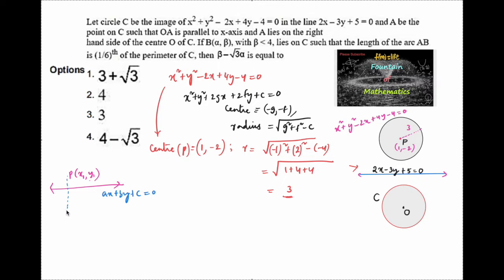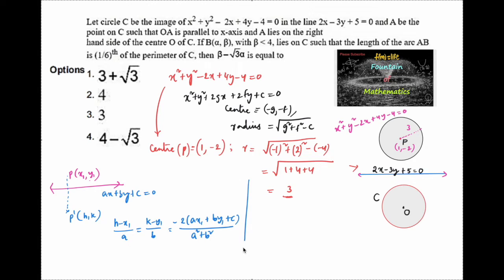Let us consider the image here, P dash, say h comma k. So we have the relation h minus x1 upon a is equal to k minus y1 upon b is equal to minus 2 times of ax1 plus by1 plus c upon a square plus b square.